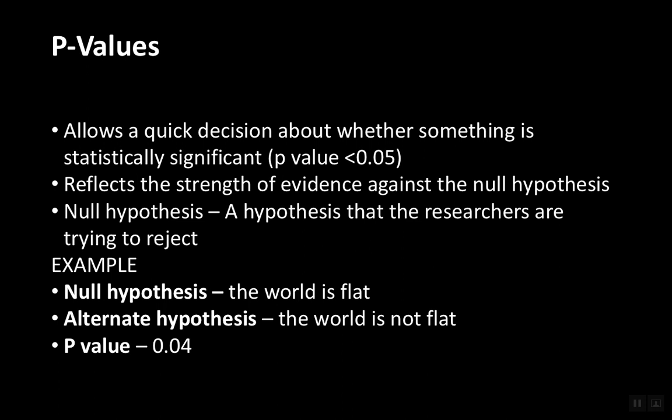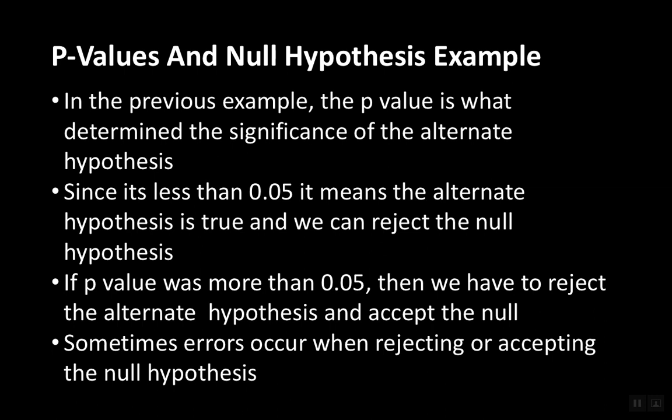With a p-value of 0.04, since this p-value is less than 0.05, we're basically saying there's a less than 5% chance, or in this case, a 4% chance, that our alternate hypothesis is not true. In the previous example, the p-value is what determined the significance of the alternate hypothesis.